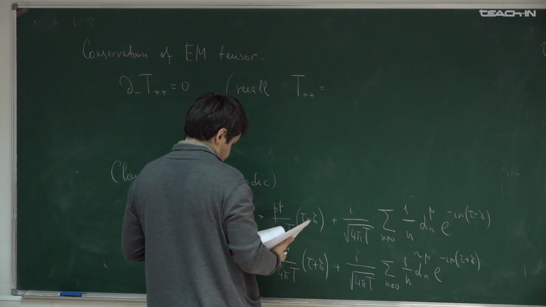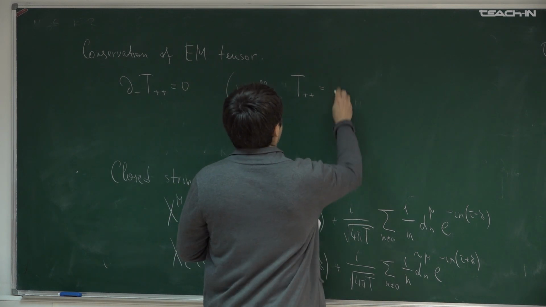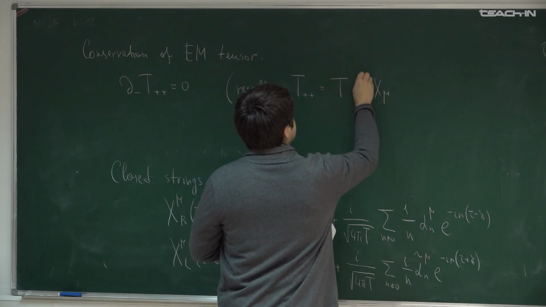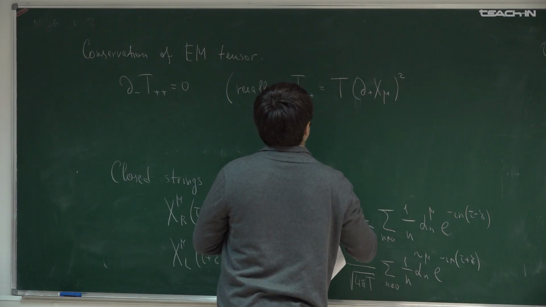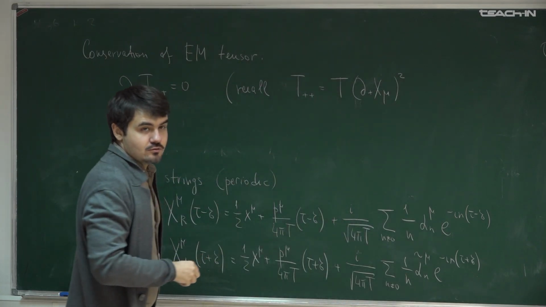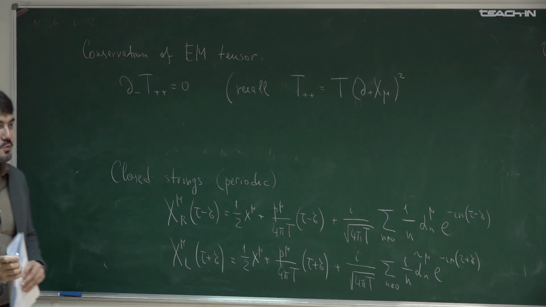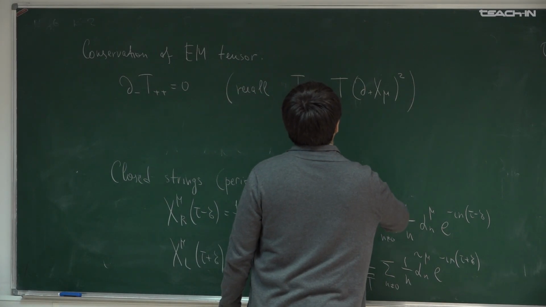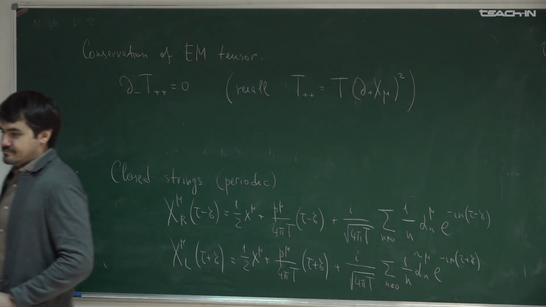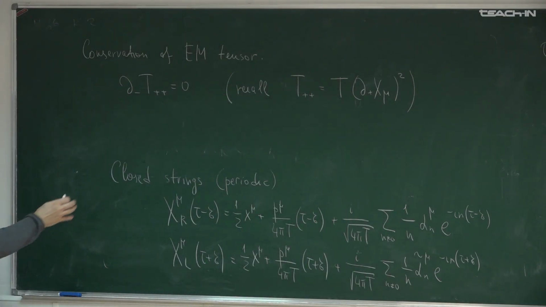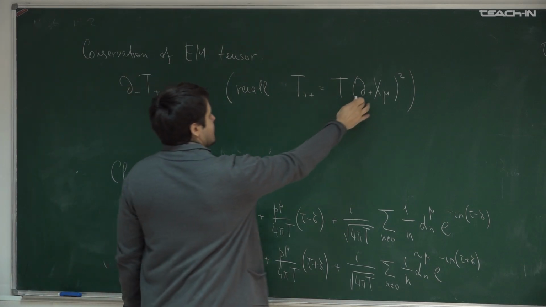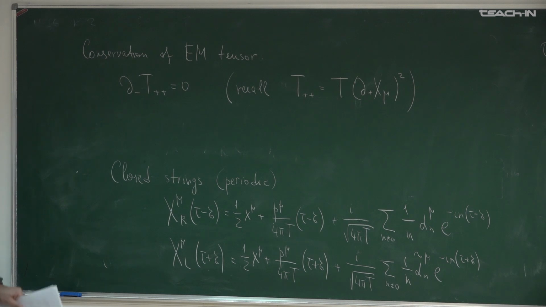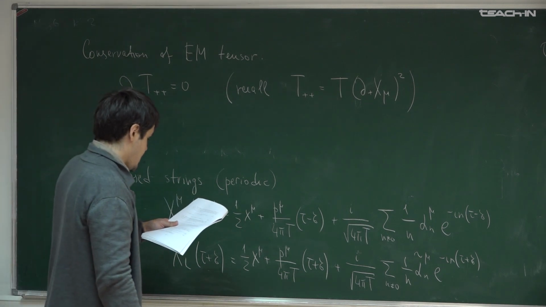So don't confuse the two T's: the ones with indices are the energy momentum tensor, while the T without an index is the tension, a constant. It follows just from the equation of motion for x that this satisfies the conservation equation, because d plus d minus of x is 0.